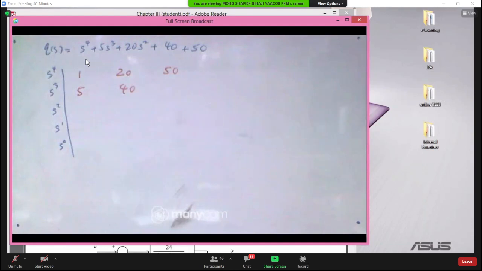You start with 1, you jump to the next one, 20, and you jump to the next one, 50. So the first row: 1, 20, 50.